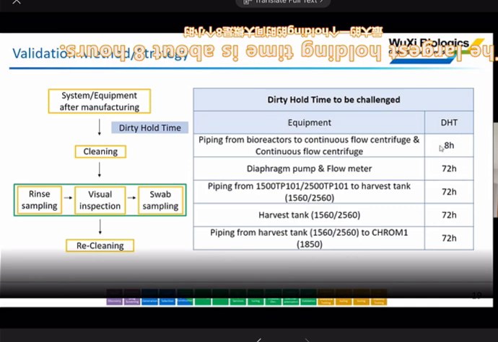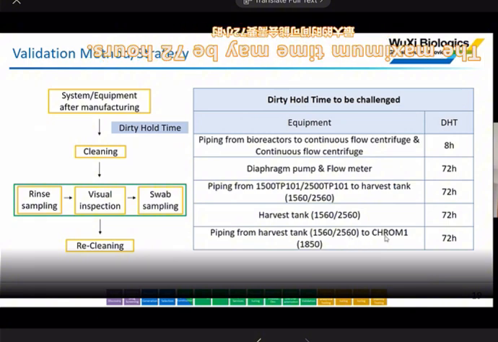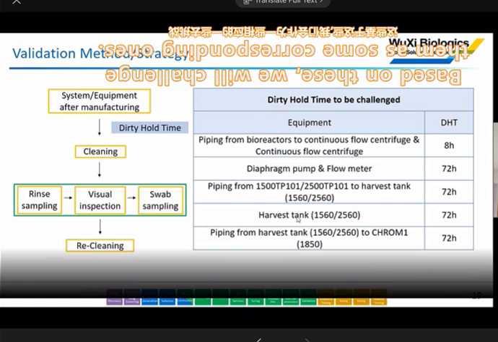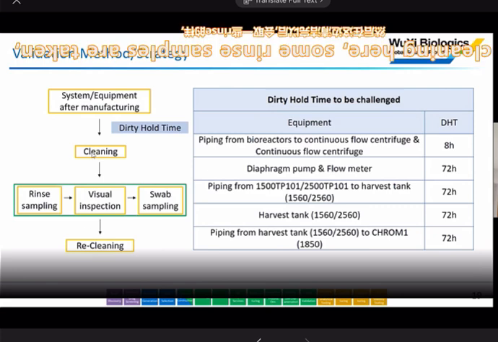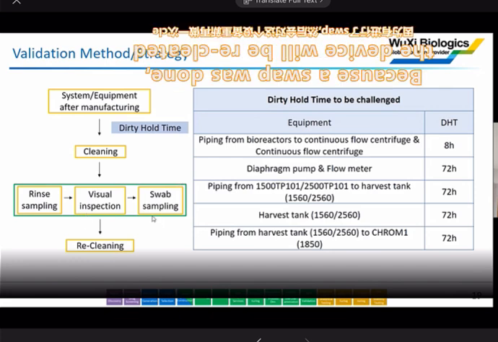The verification method was just mentioned. First, after cleaning is complete, there is a dirty holding time. The dirty holding time is mainly brought up from the production side. Production, based on its scheduling needs, including its resources, gives a list of how long they might hold from the end of production to cleaning. Only then can you arrange the time.